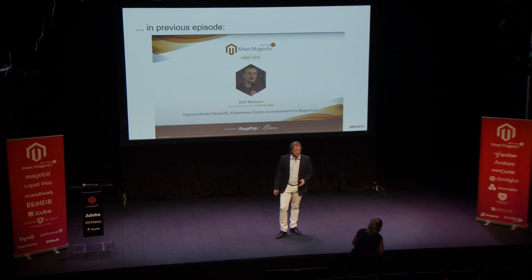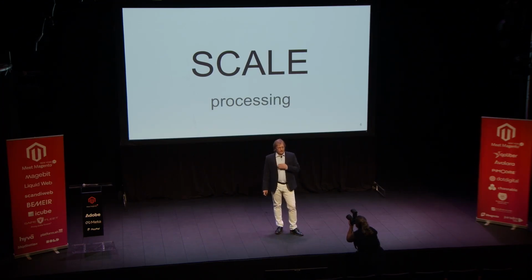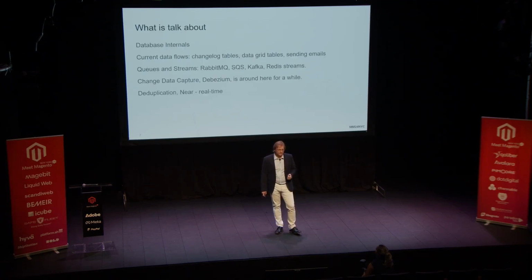So I'm putting more stuff into the Kubernetes cluster, and we're dealing with processing at scale this time. So more and more processing, which is scaling for products, catalogs, customers, orders. We need millions of products in our catalog, and that's what we're scaling for, scaling the processes.